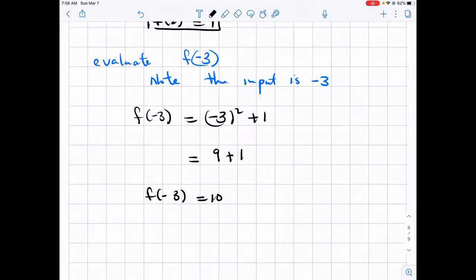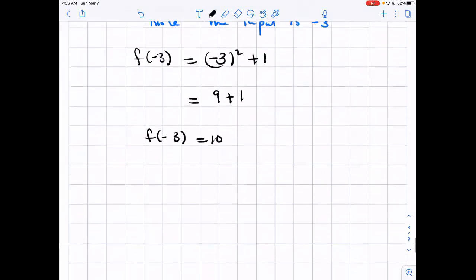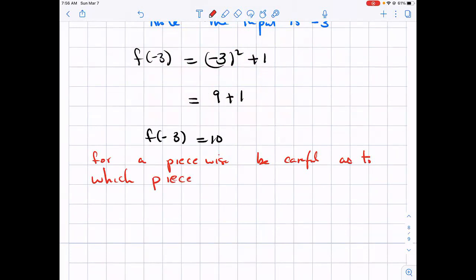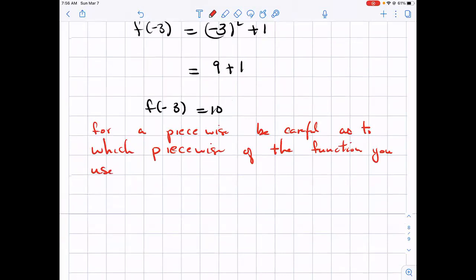Okay. So be careful for piecewise functions. For a piecewise function, be careful as to which piece of the function you used or use as you evaluate.